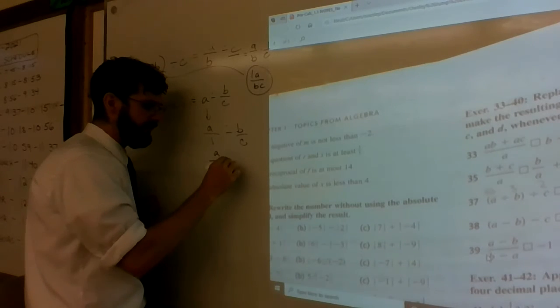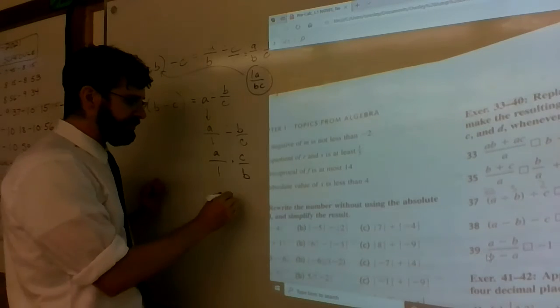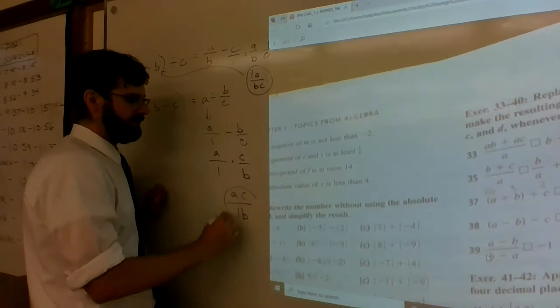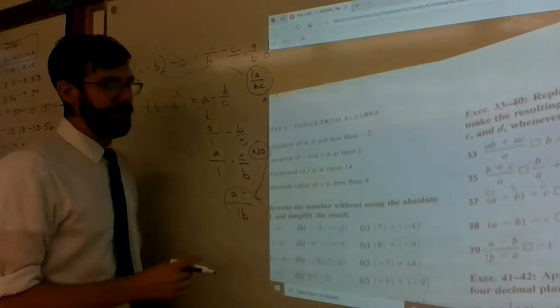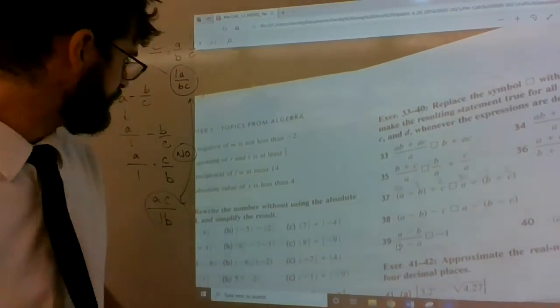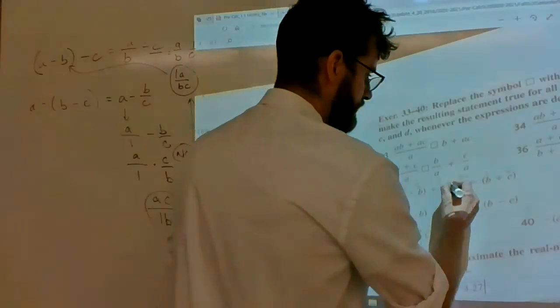So A over 1 times C over B is really what's happening here, which gives me AC over 1B. Whoa! No. They are not the same. So in this situation, they are not equal to each other at all.